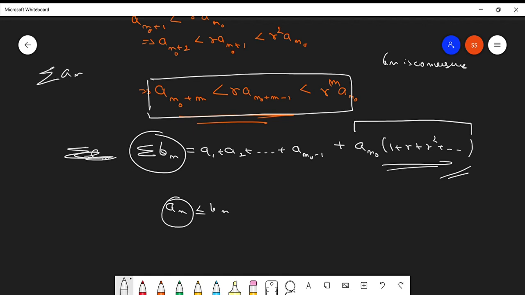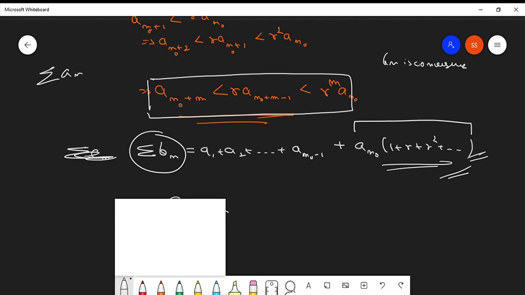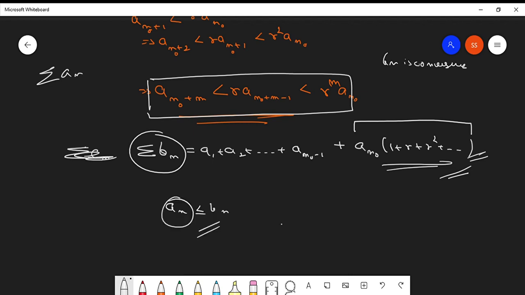But what is happening here is that we have a geometric series from that n₀ term, and this converging means an will also converge because of this direct comparison condition. Is that clear? And if this limit tends to infinity, you cannot find any finite series such that this comparison test can occur. This comparison test won't occur if you have p greater than 1 or p is infinity. So I guess this part is clear.